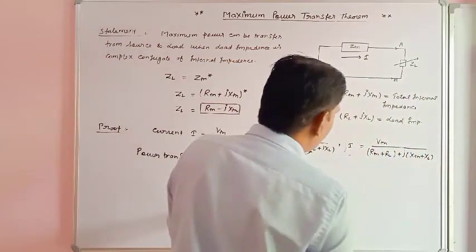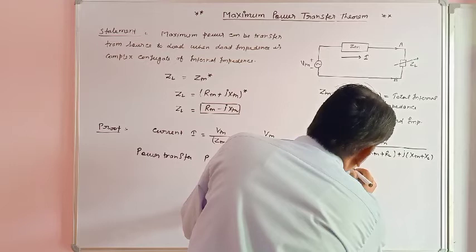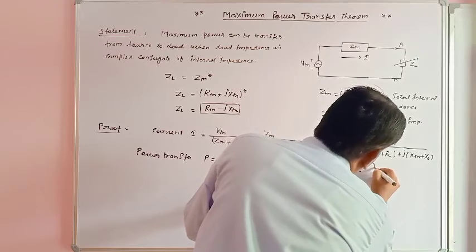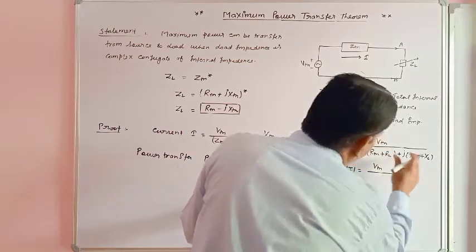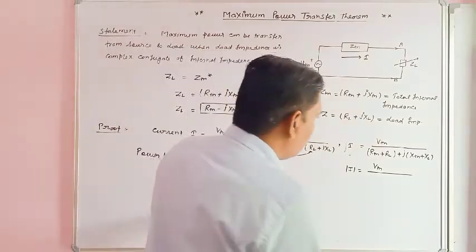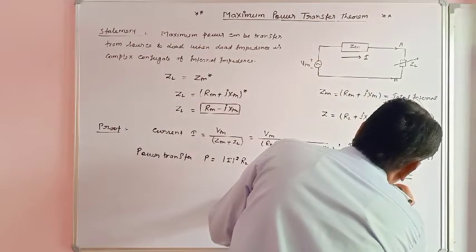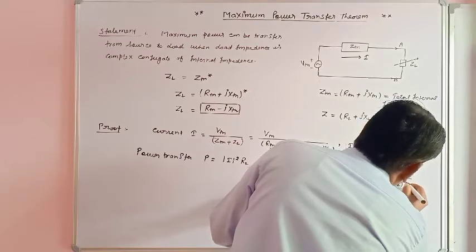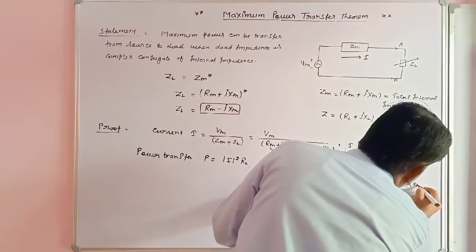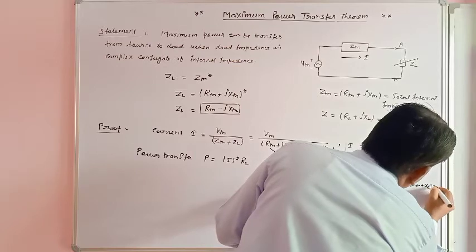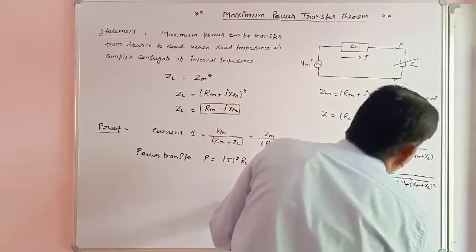From here we can calculate mod I. Mod I will be equal to VTH upon the magnitude of this complex quantity, which is the square root of RTH plus RL to the whole square plus XTH plus XL to the whole square.